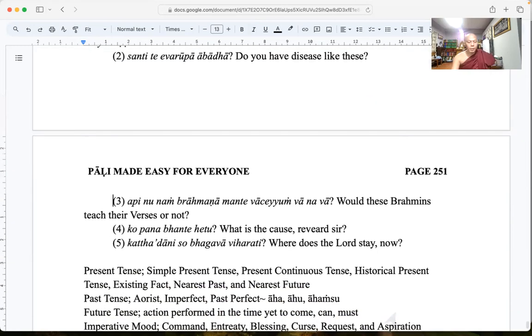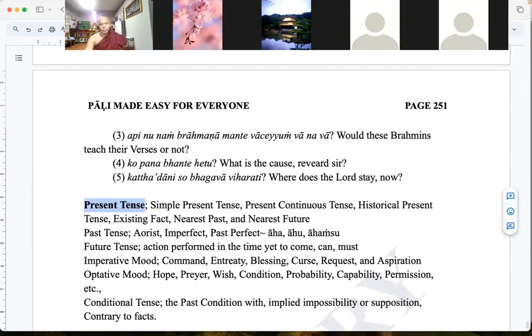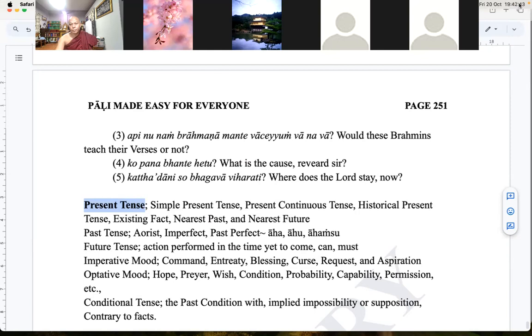Okay, and then next is present tense. For the present tense, at the very beginning lesson we have learned. Present tense can express simple present tense, present continuous tense, and historical present tense. That one is a special one.